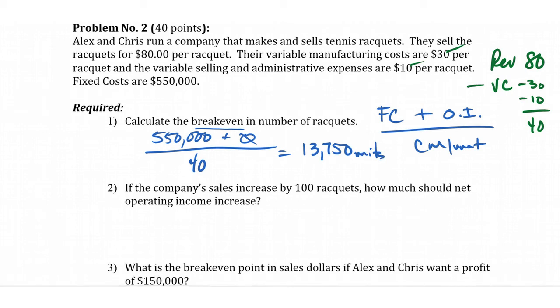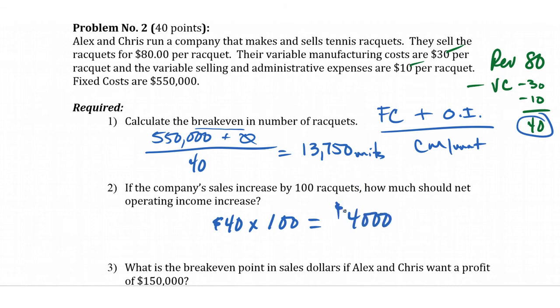If the company increases sales by 100, how much will this increase operating income? Well, this is pretty easy. We don't actually have to go through and do all of this calculation, because that's the beauty of the contribution margin. The contribution margin times the units is our increase in operating income.